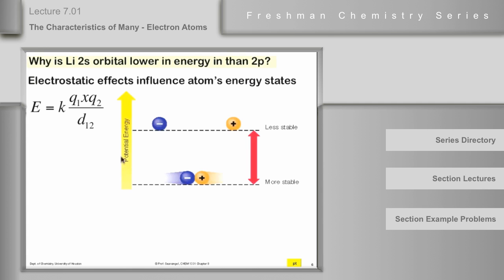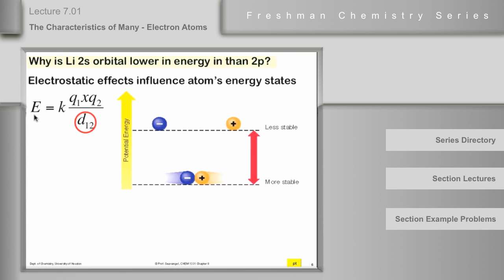So if we have a potential energy diagram, and we have a positive charge like the charge on the hydrogen atom's nucleus, and a negative charge like the charge on the hydrogen atom's electron, if these two things are far apart, then that means that D12 is large, and that will make the energy of the system smaller. Now, it's going to be negative, so it's a less negative number. If we bring the two things together, the denominator gets smaller, so E gets more negative, larger, more negative.